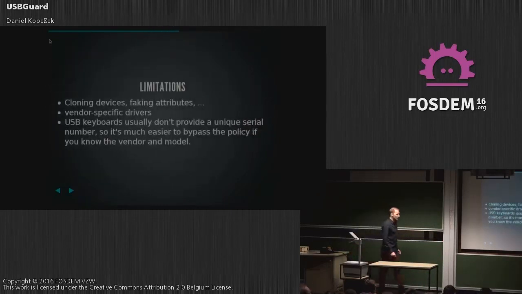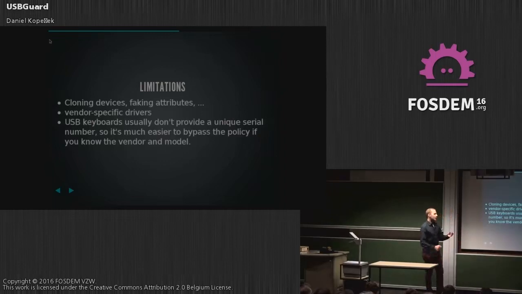And of course, there are limitations to this solution because any USB device can be faked and cloned. So if you create a policy that allows a USB keyboard to be connected to a system, then somebody can just take the keyboard, clone it, and reprogram the firmware to insert some automatic keystrokes or something.